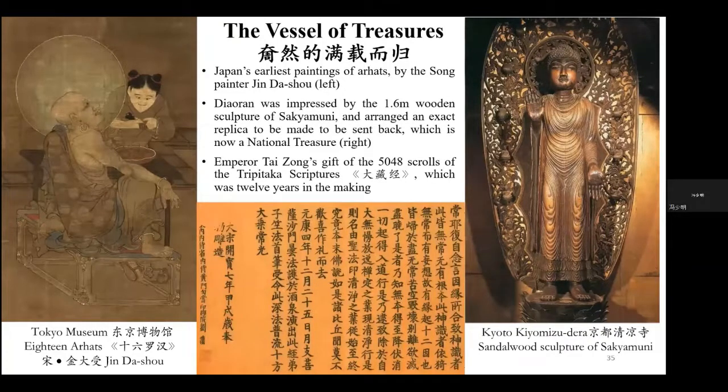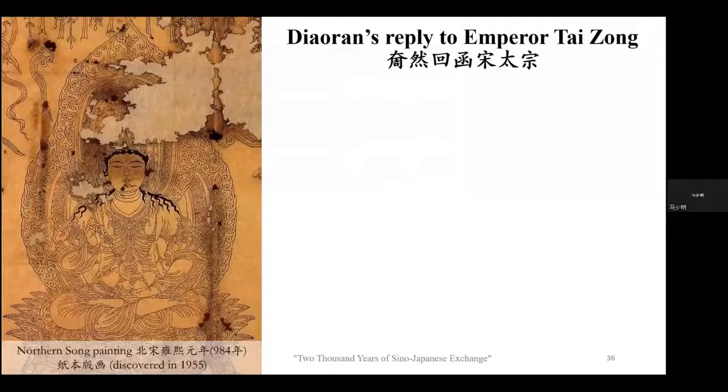And the emperor's gift of 5,048 scrolls of the Dazhang Jing, which he spent 12 years to make, he sent one copy to Diaoran. And Diaoran was very happy and very grateful to Song Taizong.